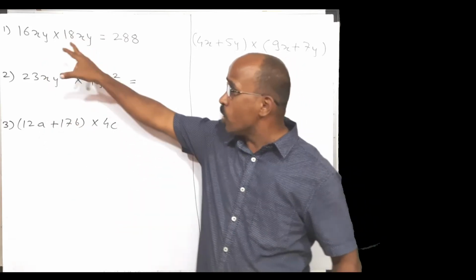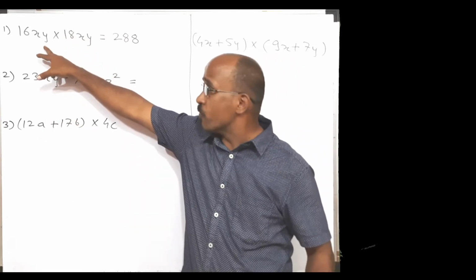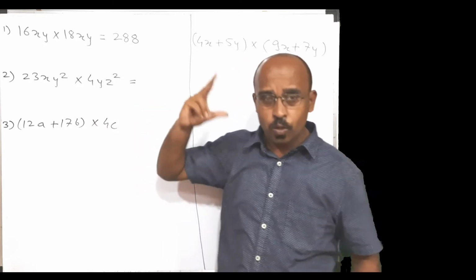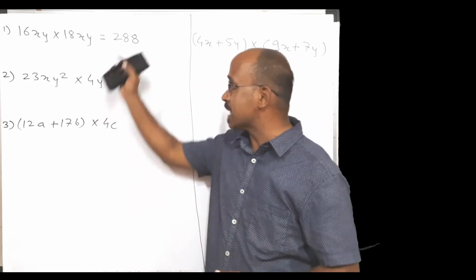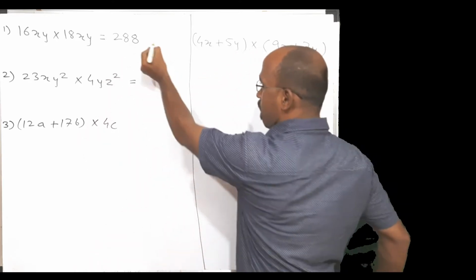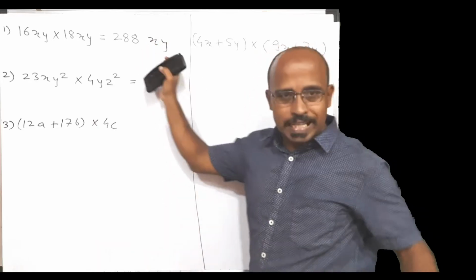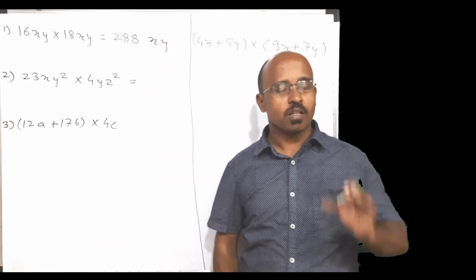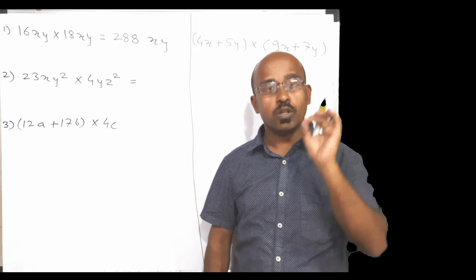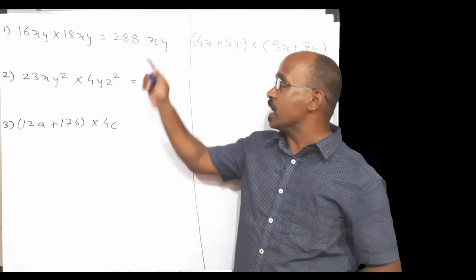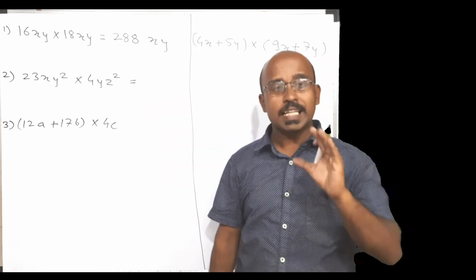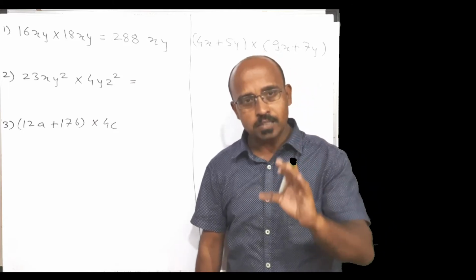Finish. Now what do we have to do with these variables and their indices? Do we have to write it as it is, xy? Is it the correct answer? The answer is absolutely not. Students, we will write variables with indices as they are only in the case of addition and subtraction.